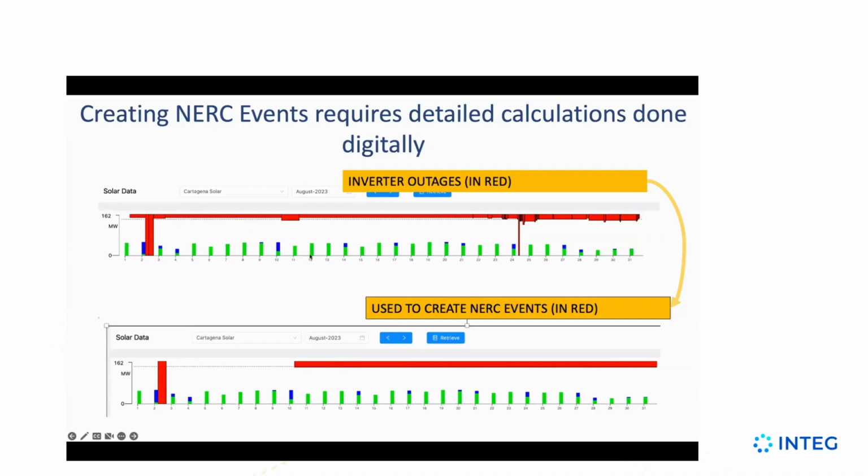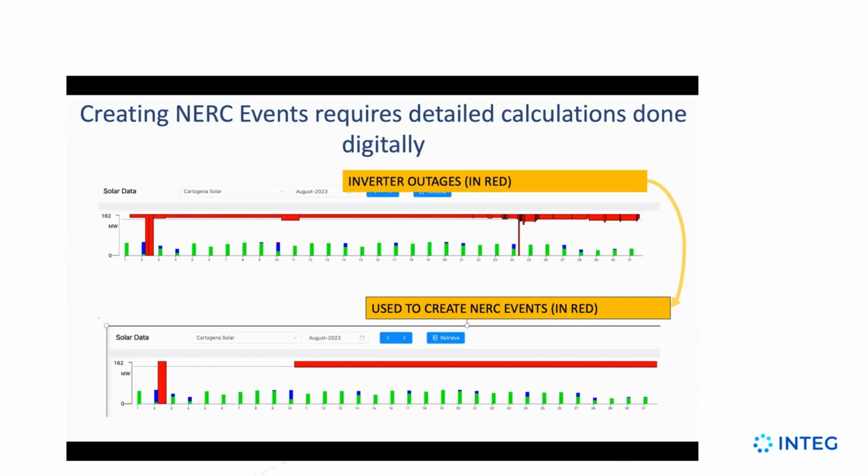There's no simple way to walk through this, eyeball it, take your inverter level data and say, hey, I can create this data. It's not simple. You will have to do the calculations digitally. You can try to do it in Excel.